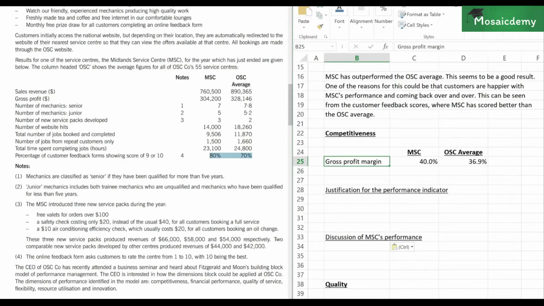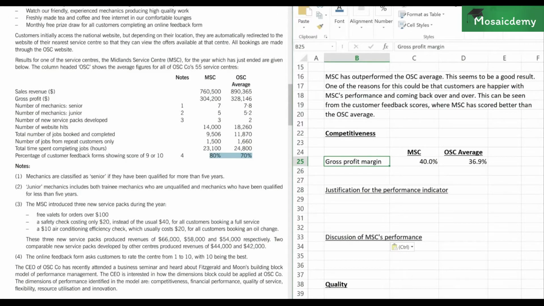A website hit or an inquiry is when a customer wants a particular service, so they're checking all the different options that they have. So they'll go to the website of OSC and any other competitors and see their services, their prices, and so on and so forth, right? So the number of website hits gives an indication of how many curious, potential customers you got.